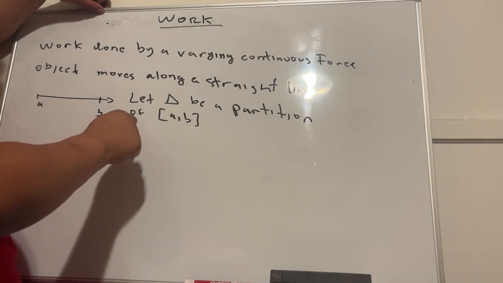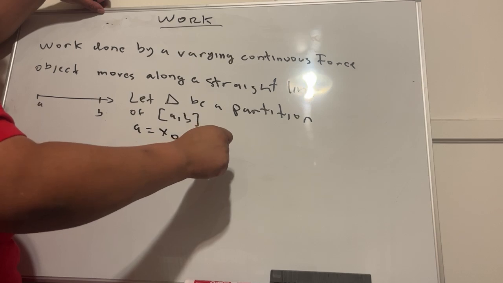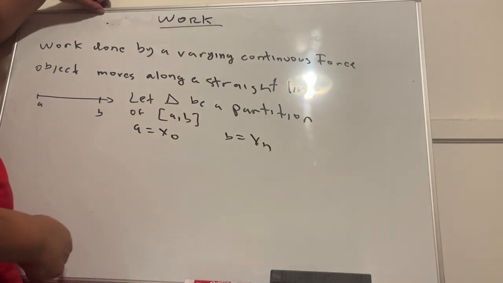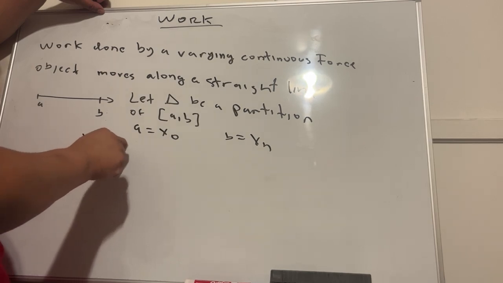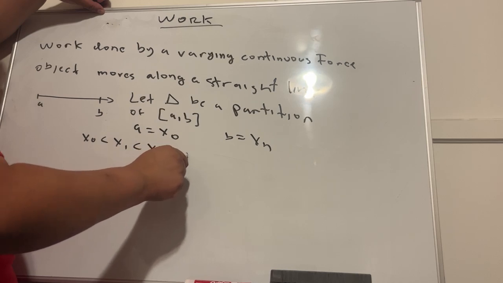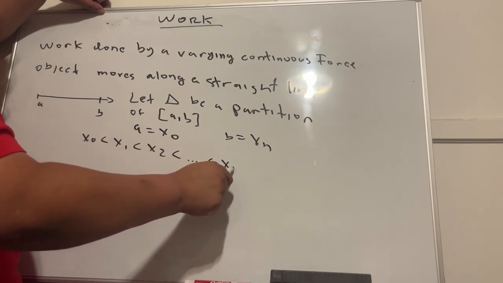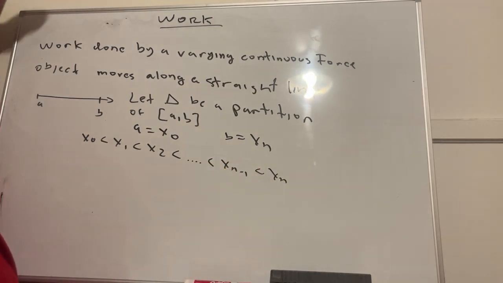That means that A is equal to x naught and B is equal to xn, and that means that x naught is less than x1, less than x2, less than ... xn minus 1, less than xn.